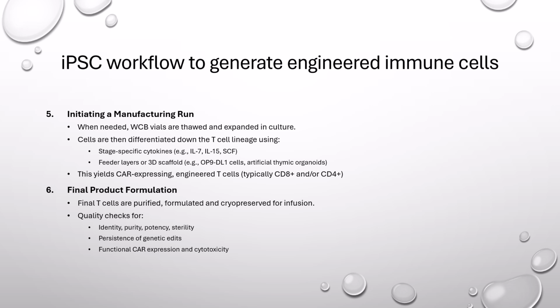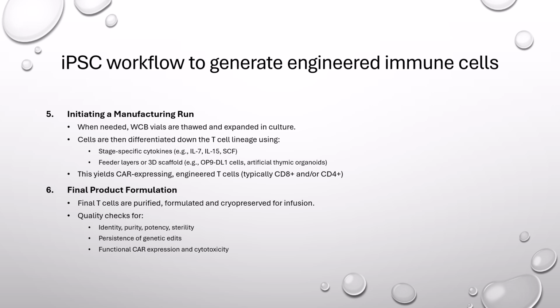Batch to batch variability, from what I've seen, is a major concern, especially when you're producing a living drug like T cells. Induced pluripotent stem cells are highly sensitive to microenvironmental cues, to media, to cytokines, cell density, oxygen levels, and passage numbers. So this is really critical.